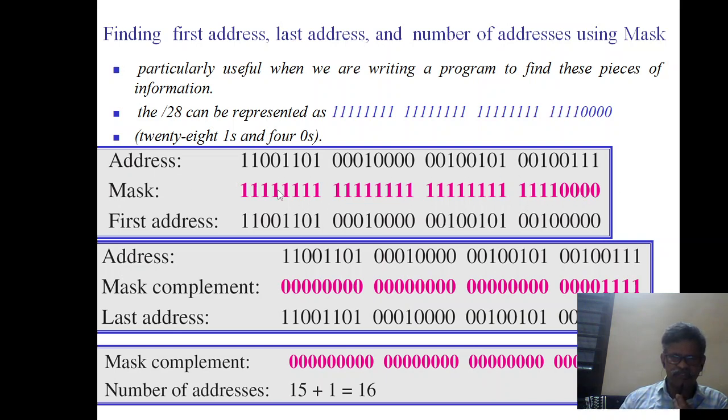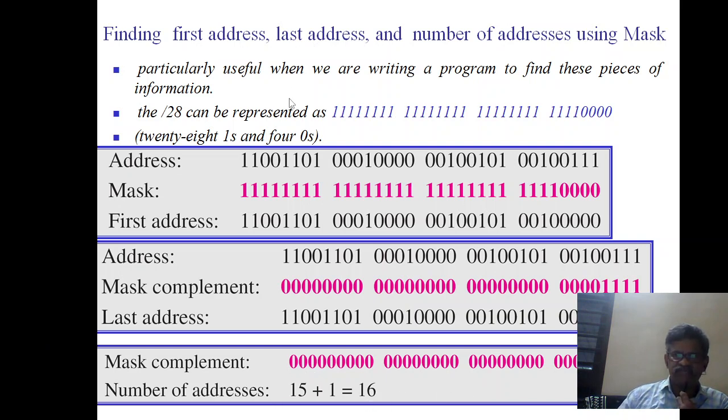The first 28 bits of the mask are ones and the remaining are 0. You just do this operation and you get this as the first address. You do the mask complement. The computer can do the mask complement in a program, and you XOR, and you get the last one. And just by the mask complement, you get the number of addresses.